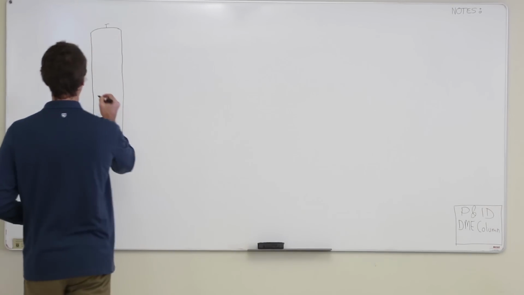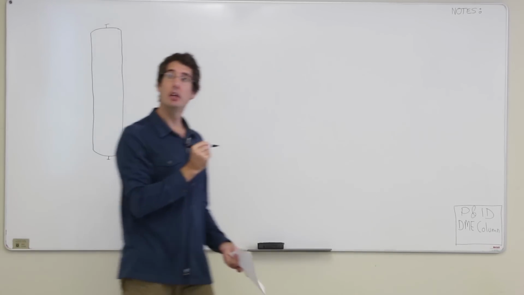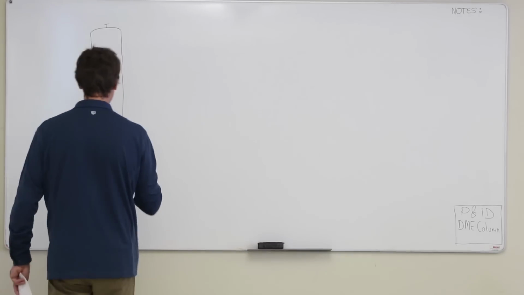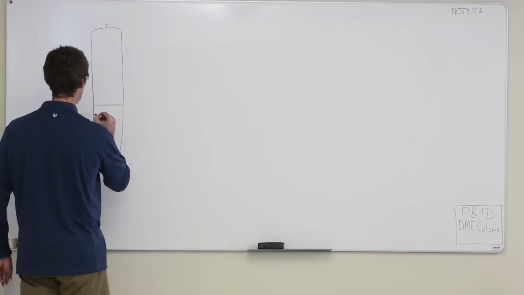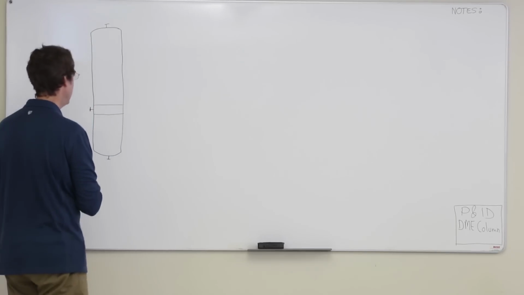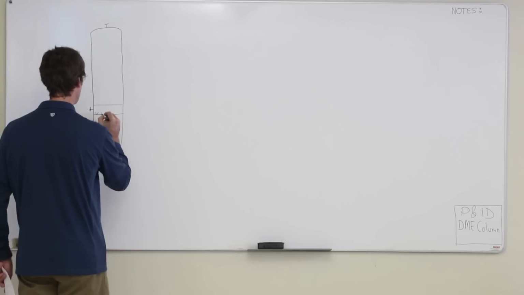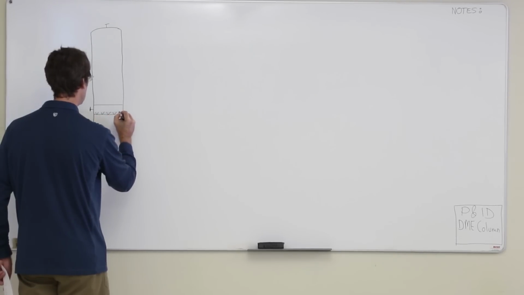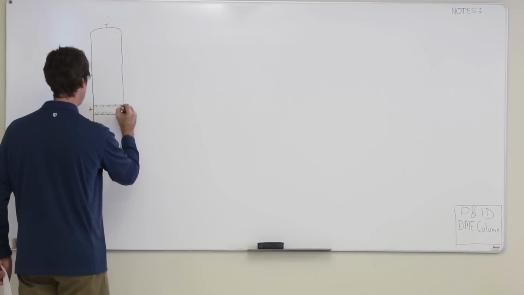So let's see. Basically, I'm coming in on stage 12 of 17. So I'm kind of down towards the bottom here. I'm going to draw my inlet here. And I know there's going to be a liquid distributor underneath the bed here.